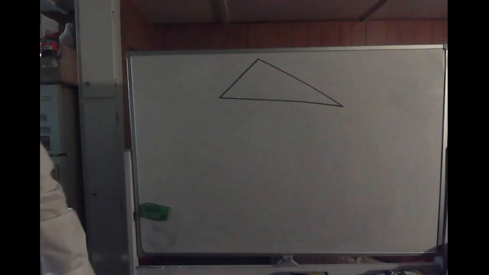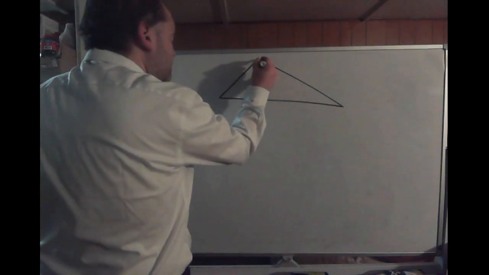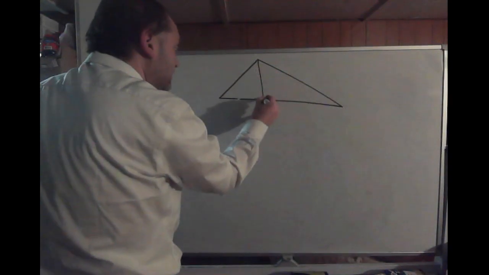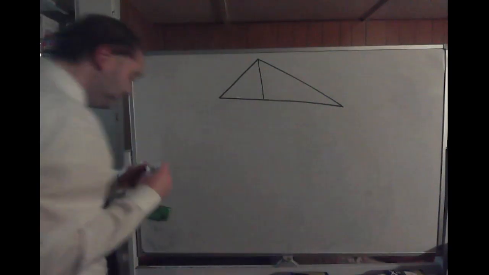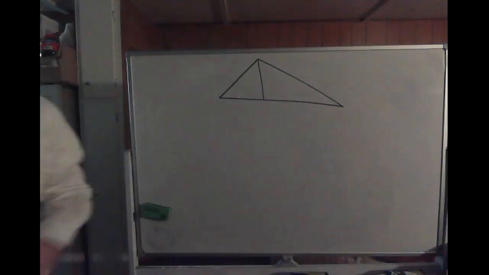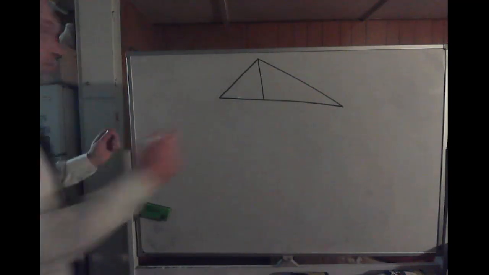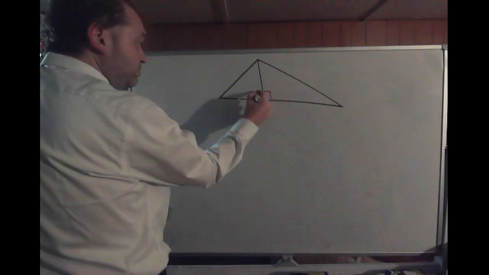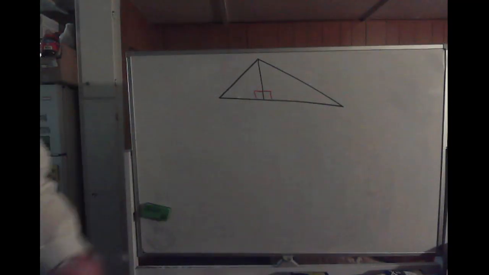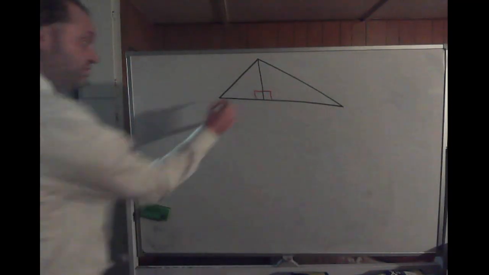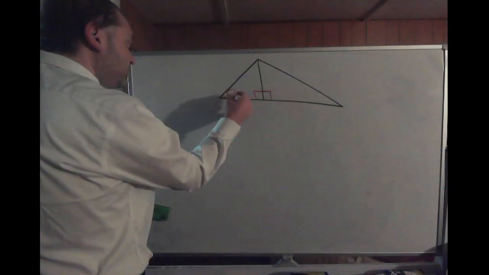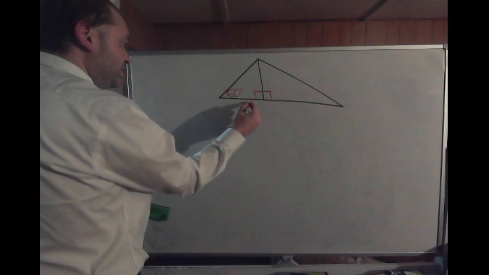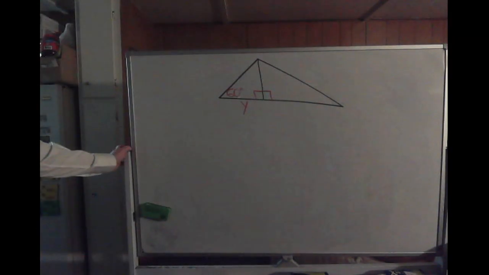What do we got? All right, so we've got an altitude there. We have a right triangle here, which would in turn make this a right triangle too. What else do we have? We have that this angle here is 60 degrees. This here is the length of y.